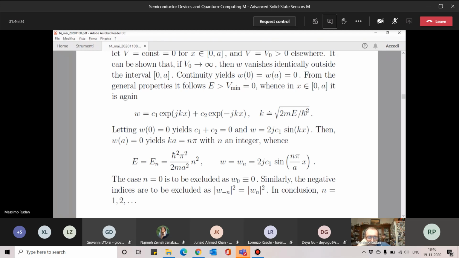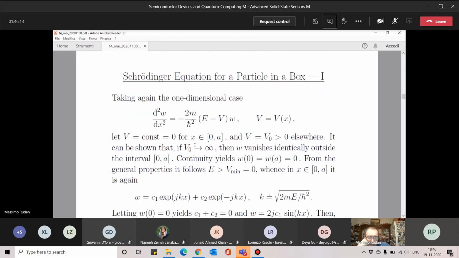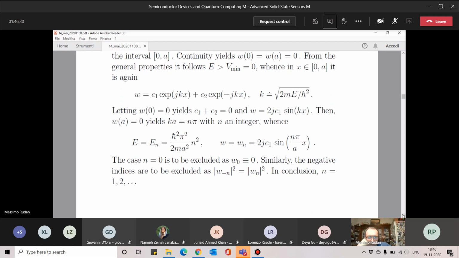By the way, when we start from the well of finite depth, and then we let V0 go to infinity, the well becomes a box. So a box is a well whose two sides are infinitely high.